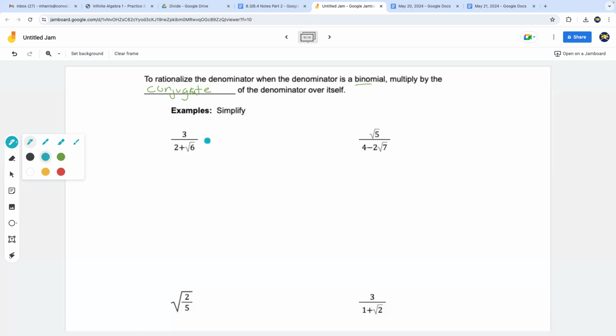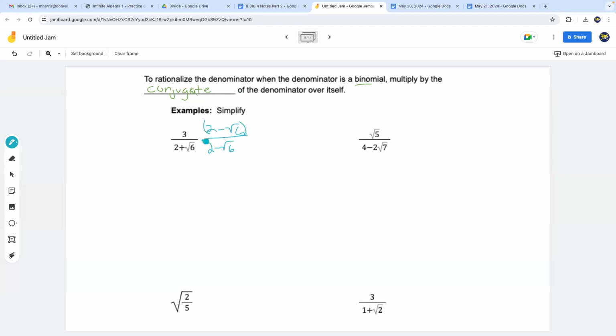All right, so 3 over 2 plus root 6. Well, we don't like the radical under the denominator, so we need to multiply by the conjugate. So we're going to multiply by 2 minus root 6. And we're still multiplying by 1 because this is the same thing over itself.